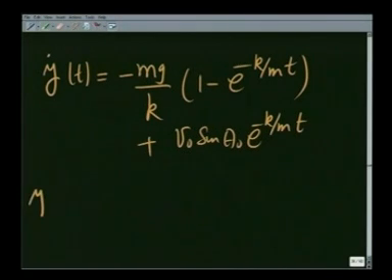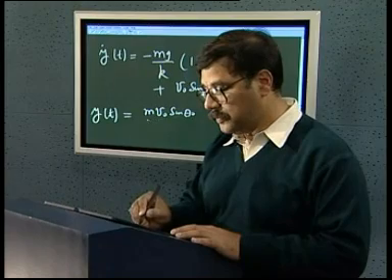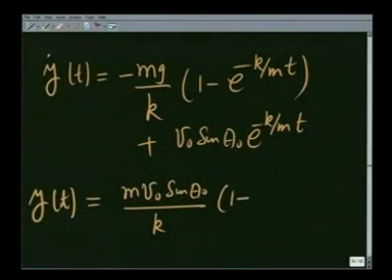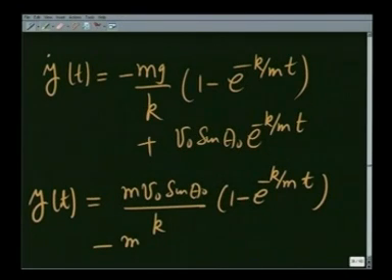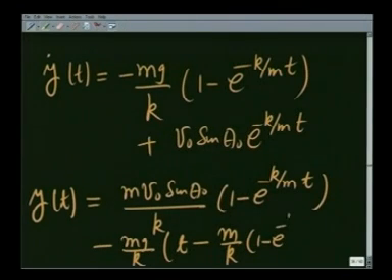Integrating this, I get an expression for y as a function of time, and it comes out to be m v0 sin theta 0 over k times 1 minus e raised to minus k over m t, minus mg over k times t minus m over k times 1 minus e raised to minus k over m t.